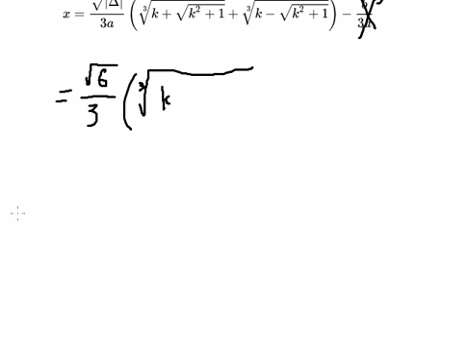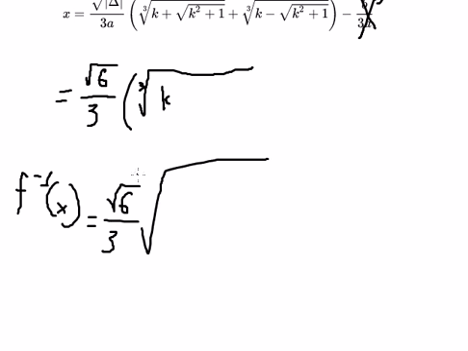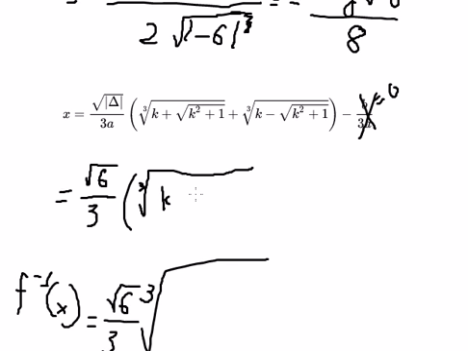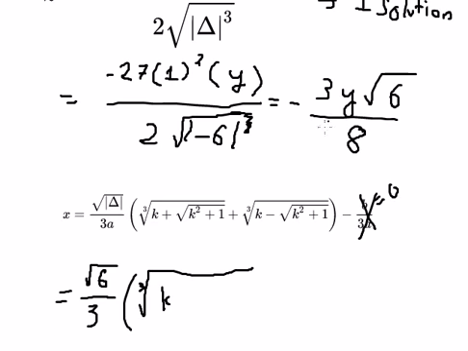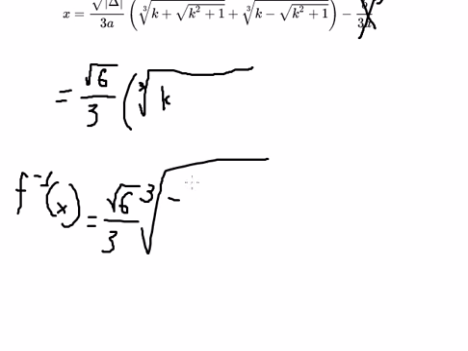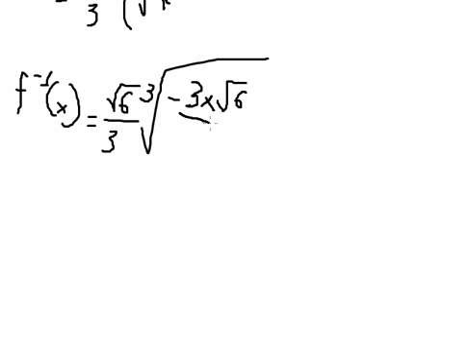And now we can find the inverse function of this one. That should be about the square root of number 6 over 3. And we change y into s, negative 3s multiplied with the square root of number 6 over 8.